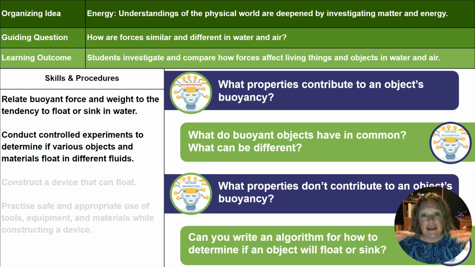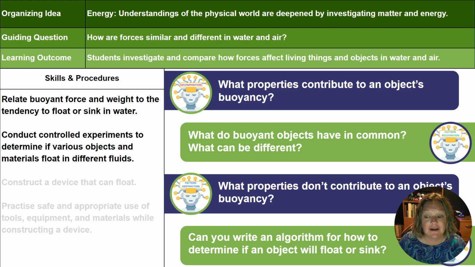So breaking it down, looking at all of the properties of an object first, then into that pattern recognition. Well, what do the ones that float have in common and what is different? And we may lead into conversations about, does it matter if the water gets deeper, and those other pieces of buoyancy that are definitely important as well.